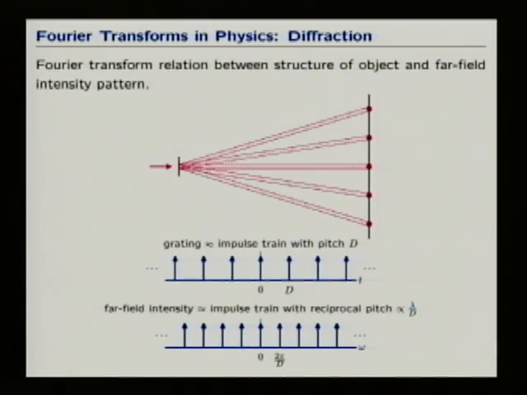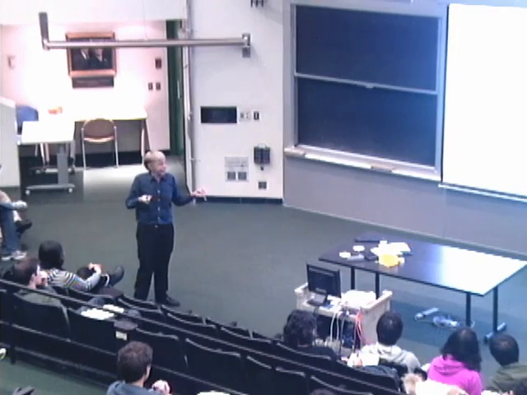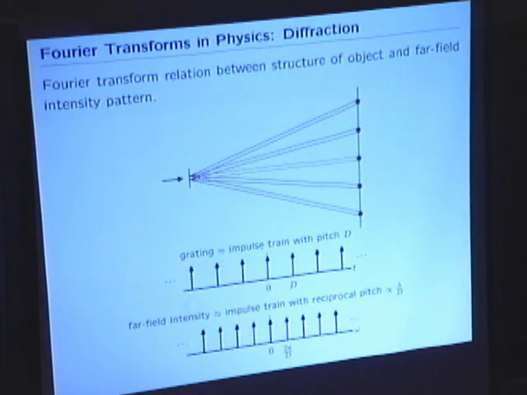So now we have a very convenient way of thinking about what happened whenever I shot my laser through this thing, right? I get a bunch of spots in the far field because, everybody shout, this is the aha, right? So we've got an impulse train in the Fourier transform, which means that the thing that was down here was an impulse train, right?